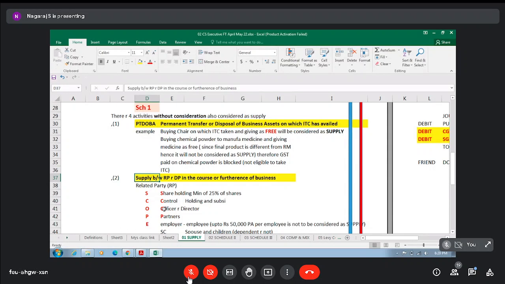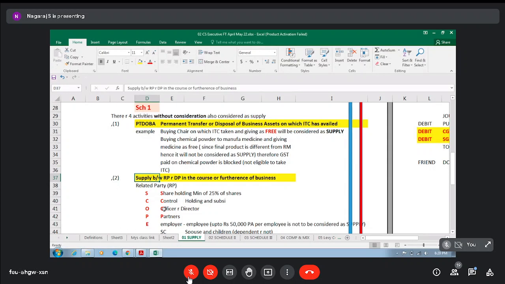Second one, C, control. Control means holding and subsidiary. If the holding company and subsidiary company do a transaction mutually without consideration, then that transaction also falls under supply.